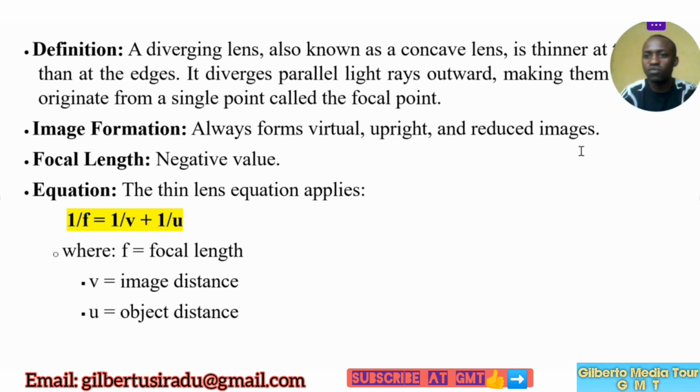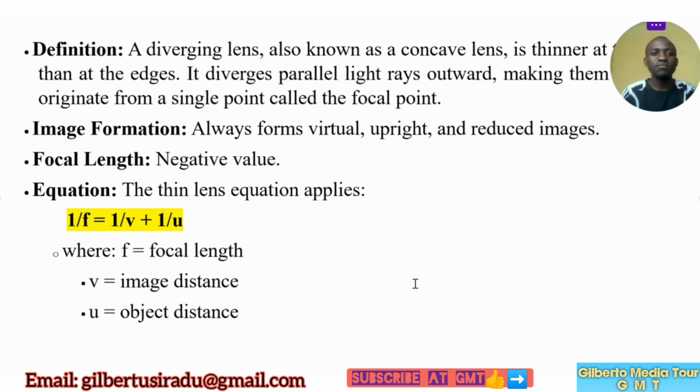The image formed by diverging lenses is always a virtual image, which is upright or erect, and always diminished or reduced. So the focal length of this diverging lens is always negative.